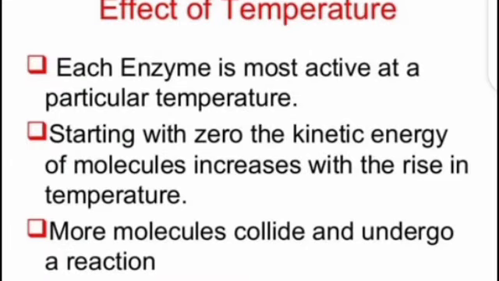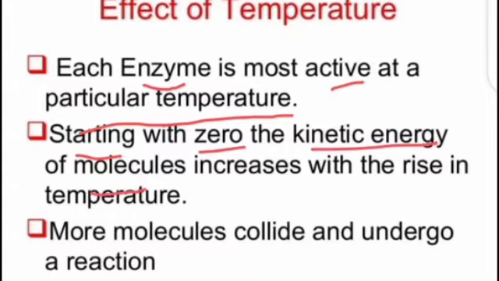Temperature: enzymes work at their maximum rate at a specific temperature, which is called the optimum temperature. Each enzyme is most active at a particular temperature. Starting from 0, the kinetic energy of molecules increases with the rise in temperature.